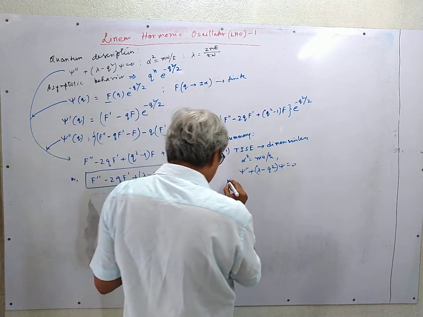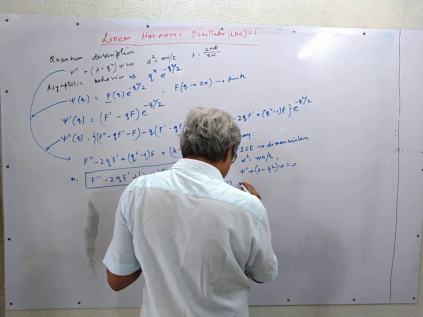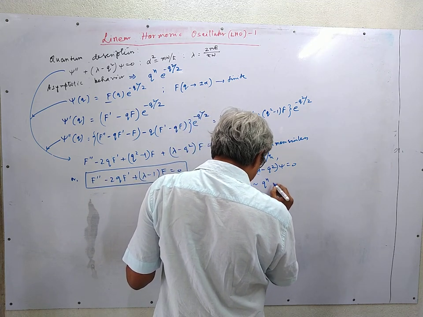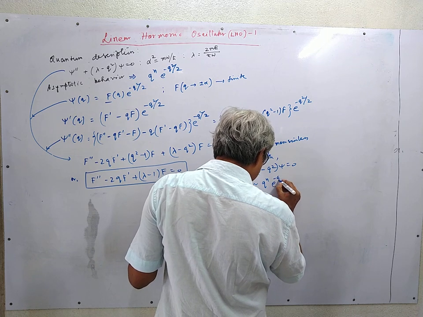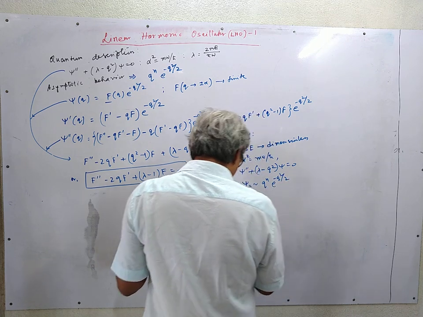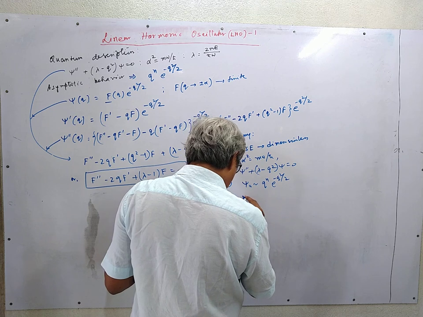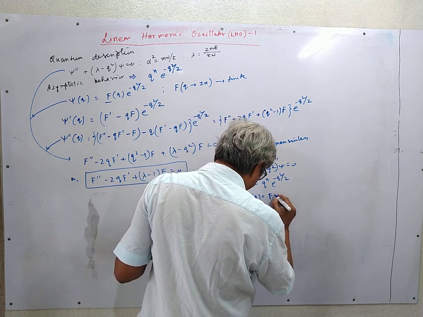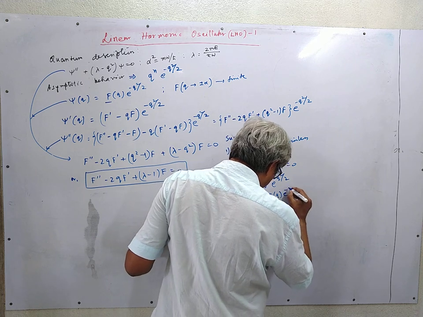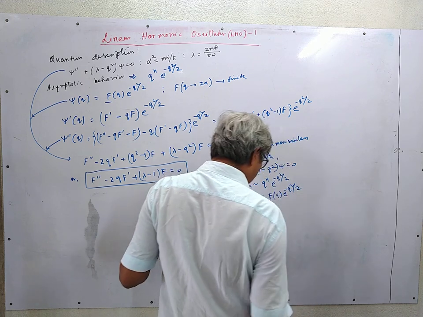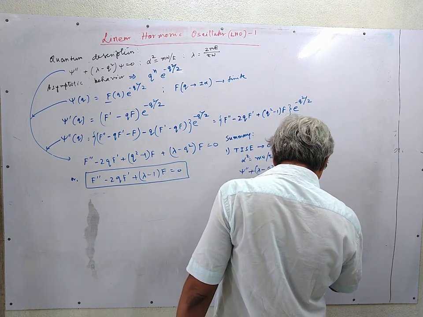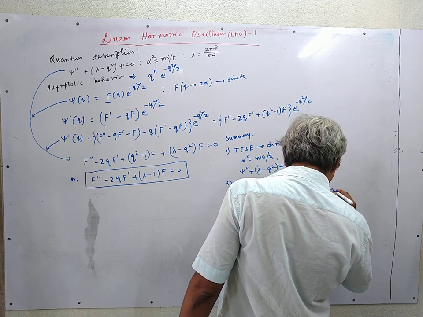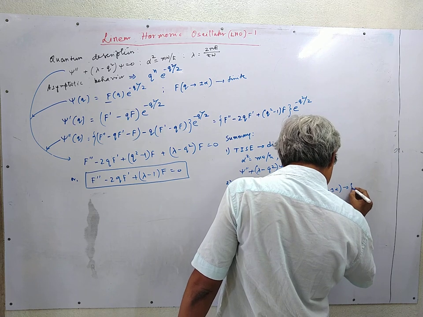Then we found the asymptotic solution. Psi a behaves as q to the power n e to the power minus q square by 2. So we use the trial solution as psi of q is equal to f of q e to the power minus q square by 2 with the restriction that f of q as q tends to plus minus infinity is finite.